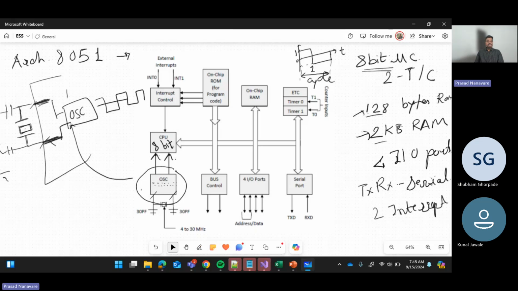So did you understand this? Why is the crystal there? Why is the oscillator there? Yes or no? If no, I'll explain again. Did you understand this?